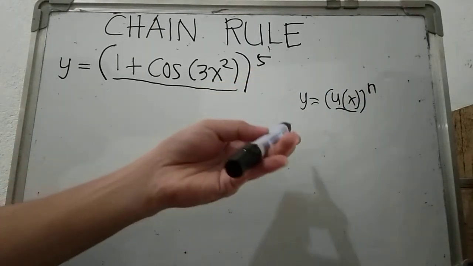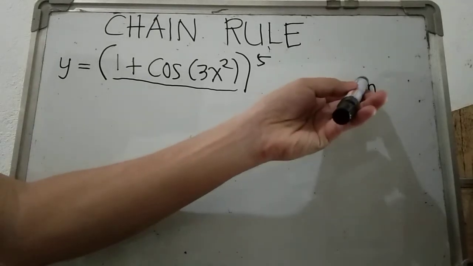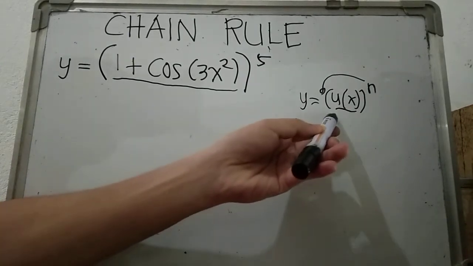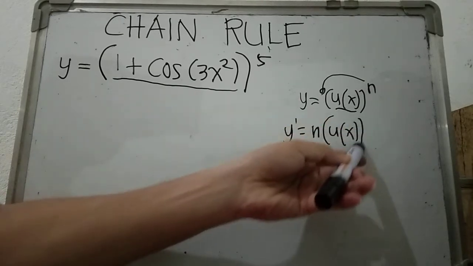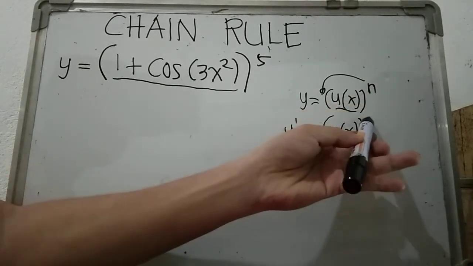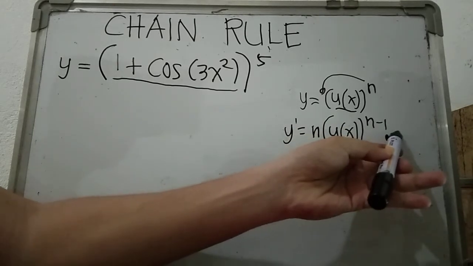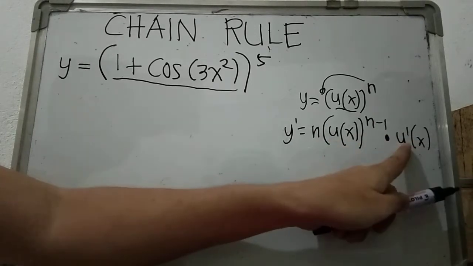Now in finding the derivative, denoted as y prime, all you have to do is bring your exponent down, so that will become n. Then copy the function inside the parentheses, subtract 1 from your exponent, that will become n minus 1, and multiply that with the derivative of our u function, denoted as u prime.